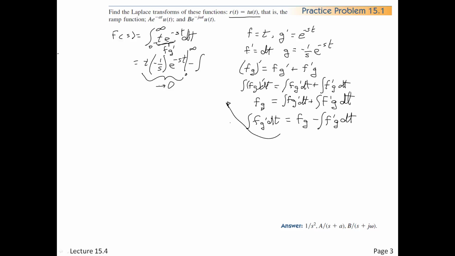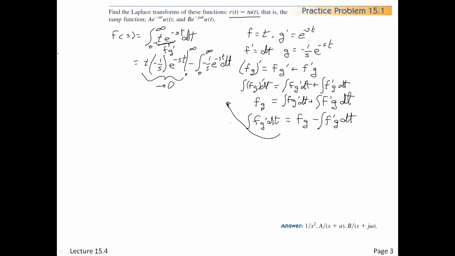Now, f prime, which is just dt, right? So we could say 1 times dt, times g, which is minus 1 over s e to the minus st, between 0 and infinity, our one-sided guy.